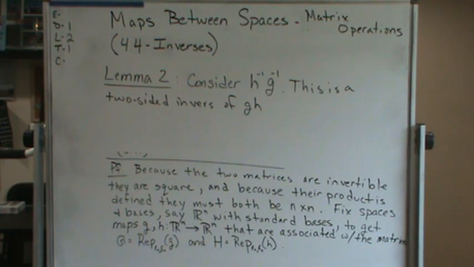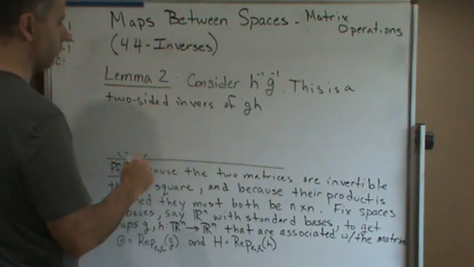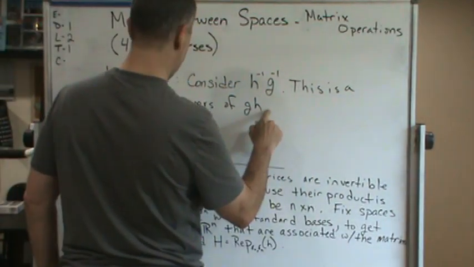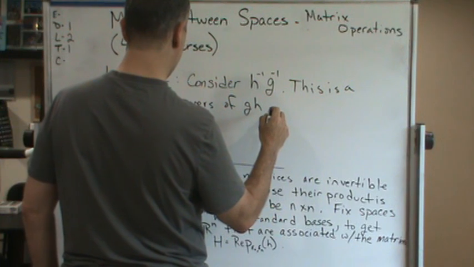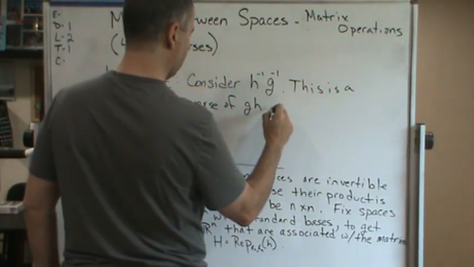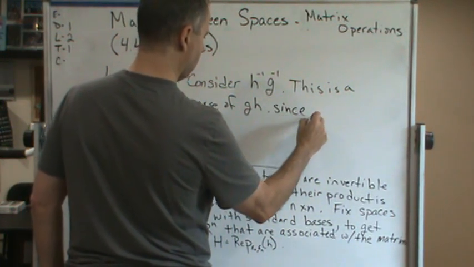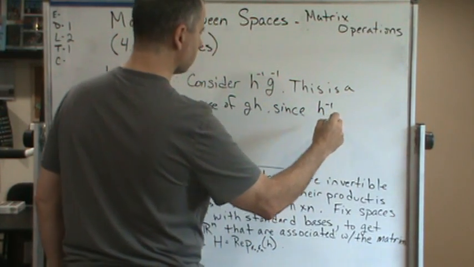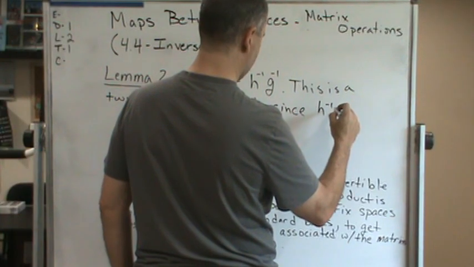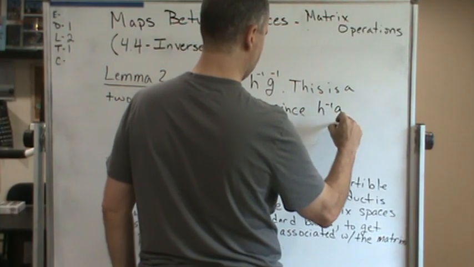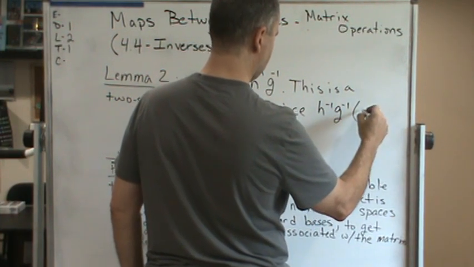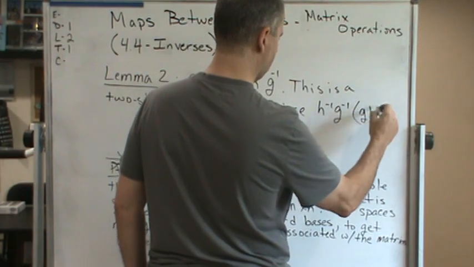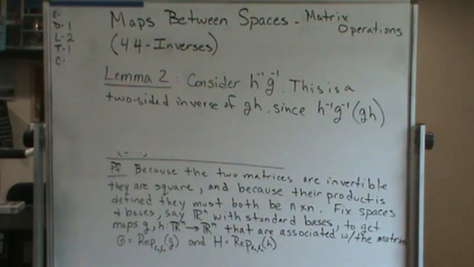So let's compose, let's take H inverse G inverse times GH. Okay, let's do that.